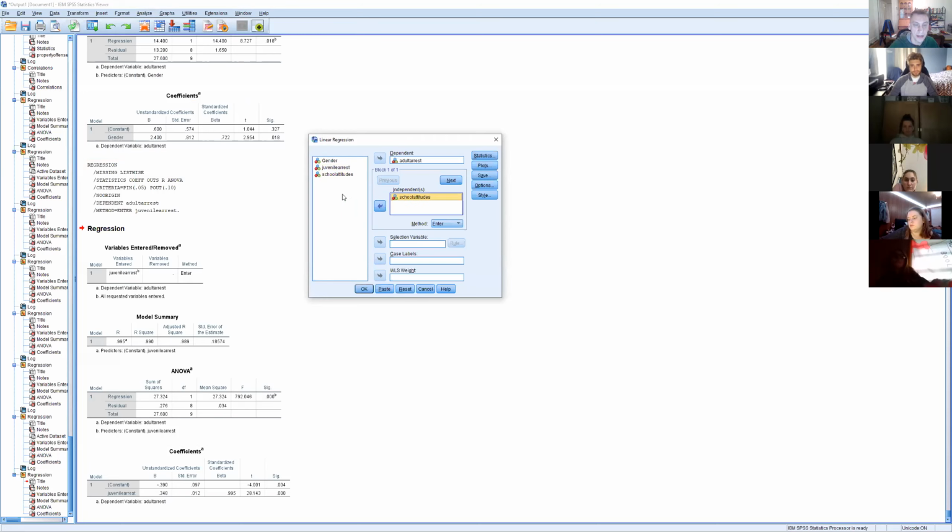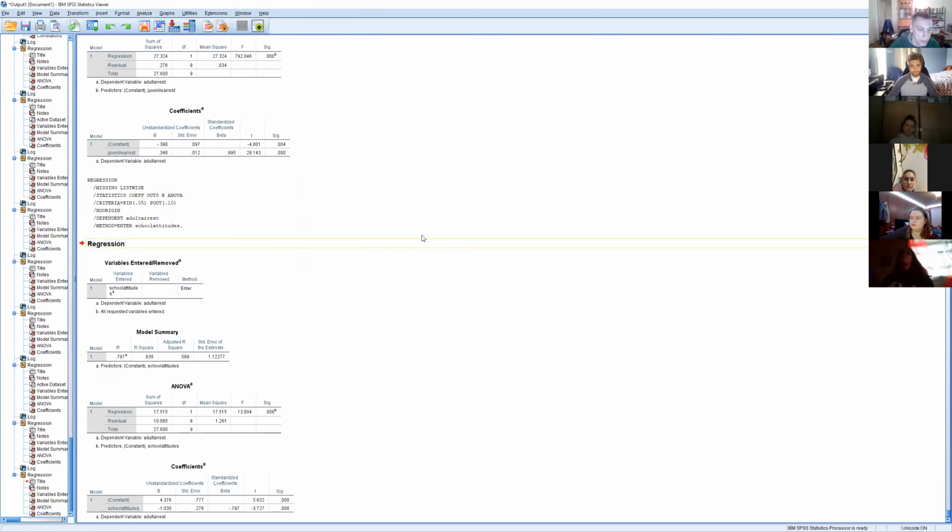Okay, this is the kind of thing you'll be asked to do on the exam, because on the exam it just has you doing simple linear regression, one independent variable at a time. So we're keeping the same dependent variable in this case, but switching out the independent variable. Here again is another regression.